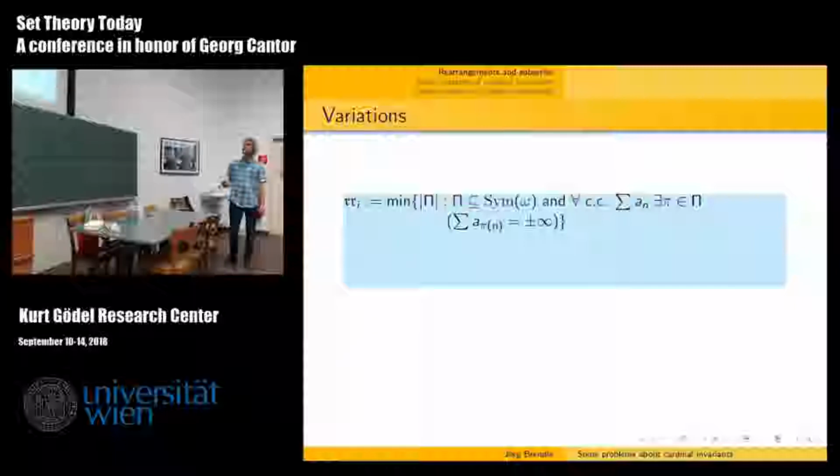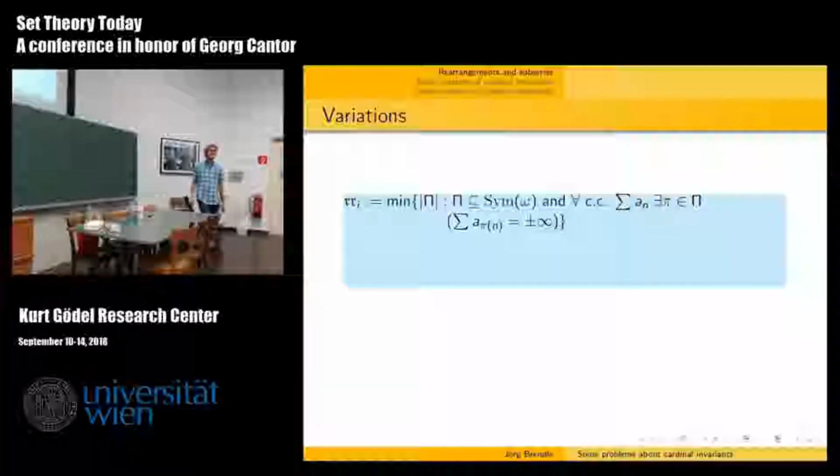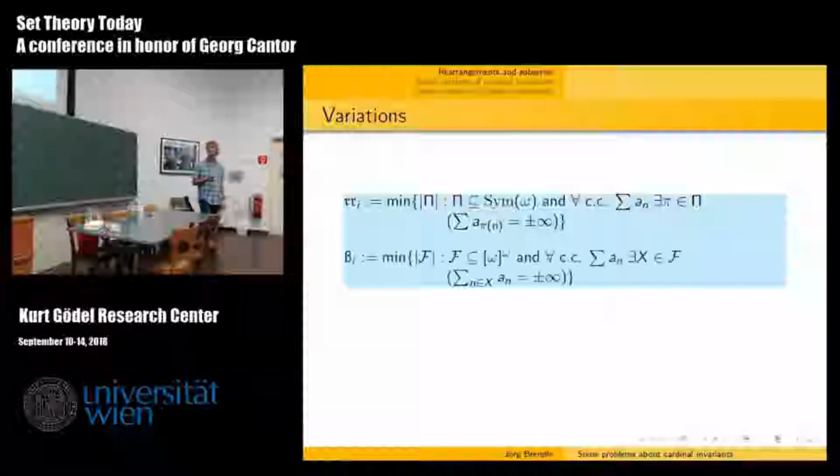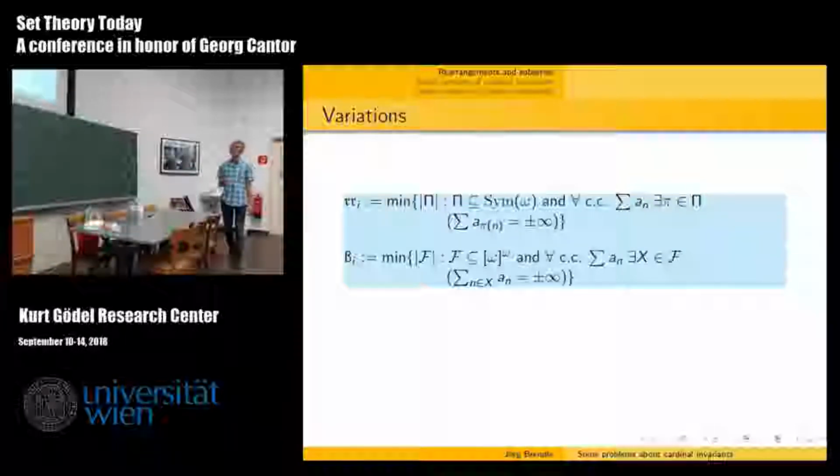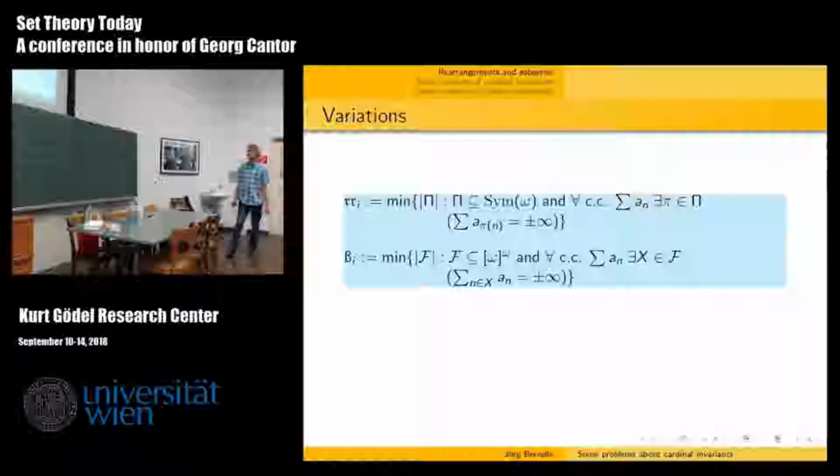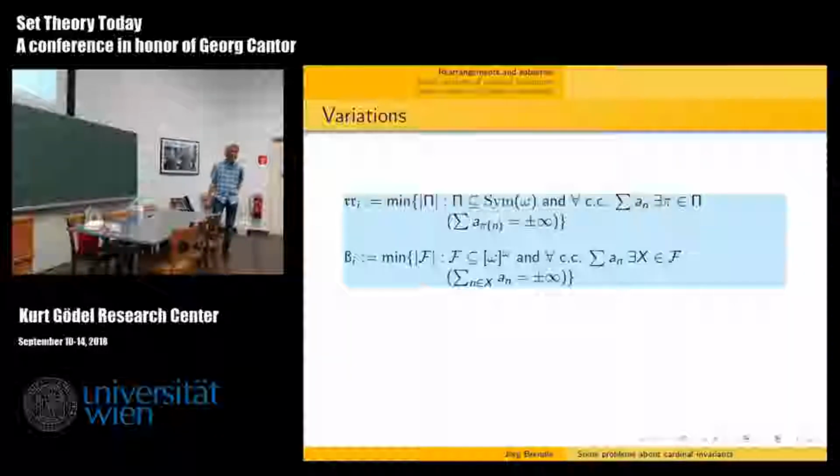So double Ri is the minimal size of a family of permutations such that for every conditionally convergent series there is a permutation in this family such that the rearranged series diverges to plus or minus infinity. Okay, let's just do the same thing with double S. Double S is the minimal size of a family of subsets of omega, such that for every conditionally convergent series there is a set in this family such that the corresponding subseries diverges to plus minus infinity.